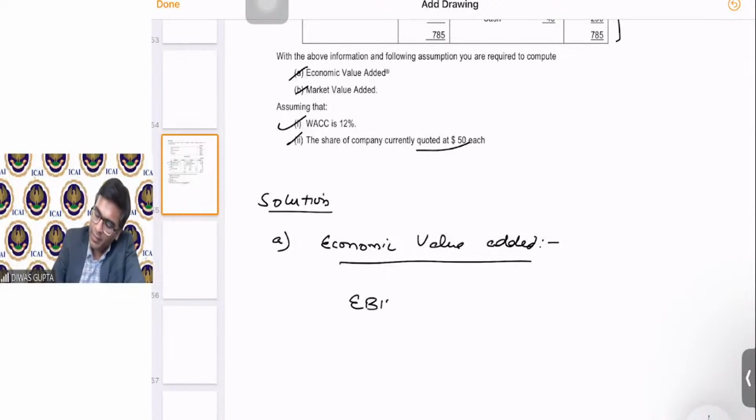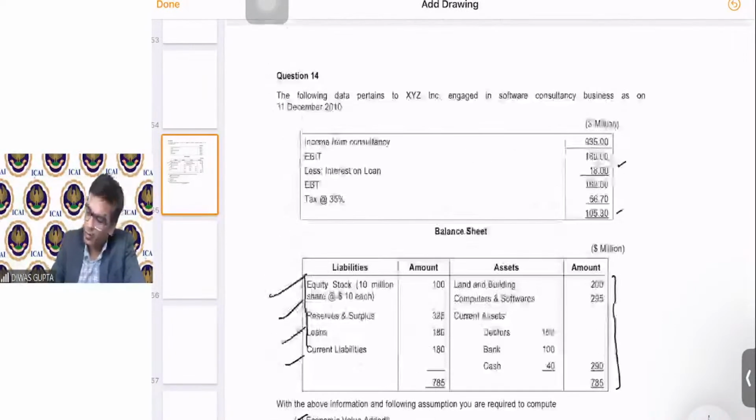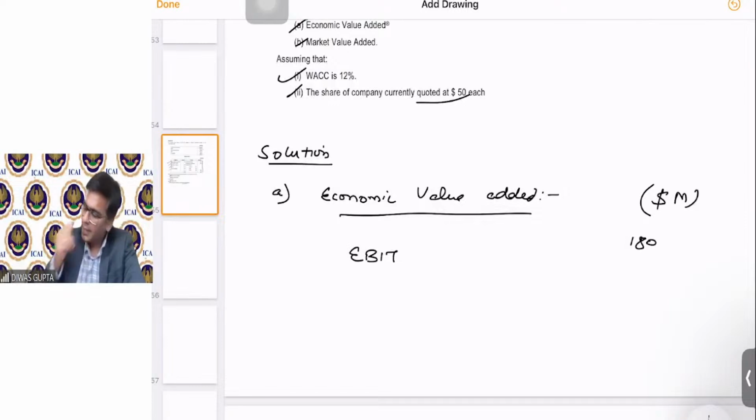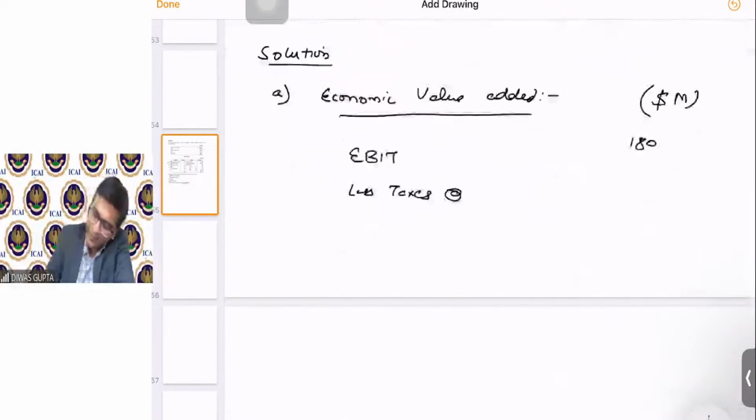We have EBIT. Let's start from earnings before interest and tax. 180. This is dollar millions, right? 180 is the EBIT. Now, operating profit, students, do we need to reduce interest? No, right? We just take for the purposes of EVA, EBIT minus taxes at the rate of, what is the tax rate, students? 35%.